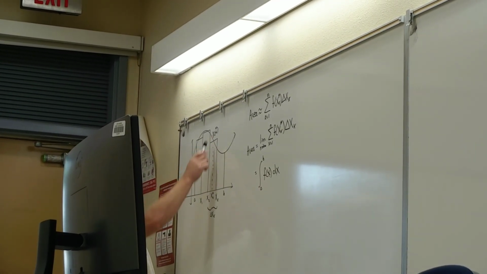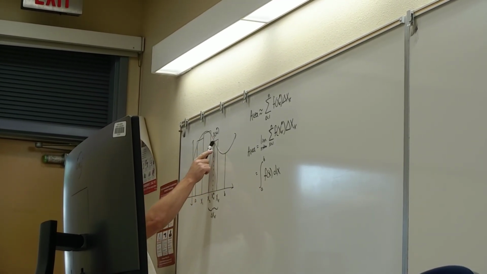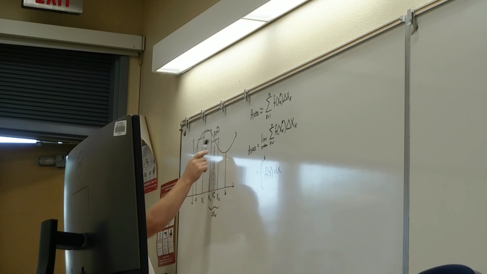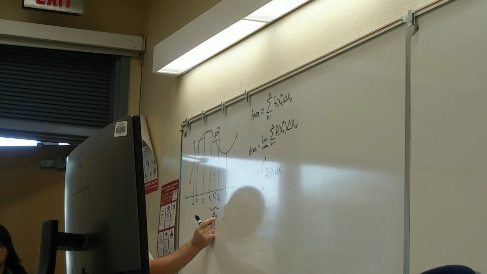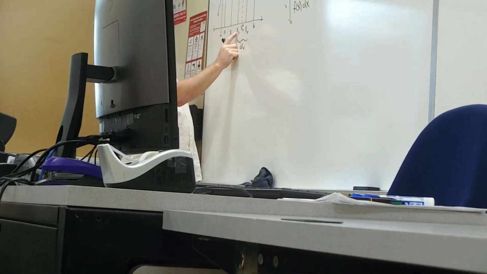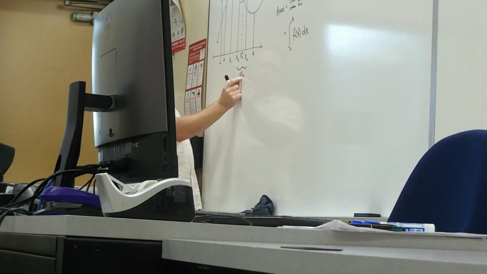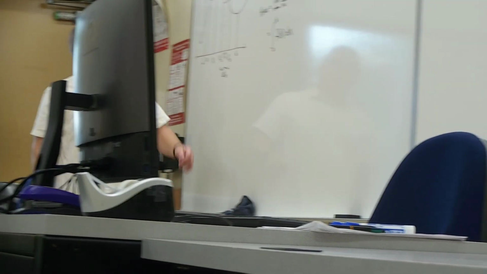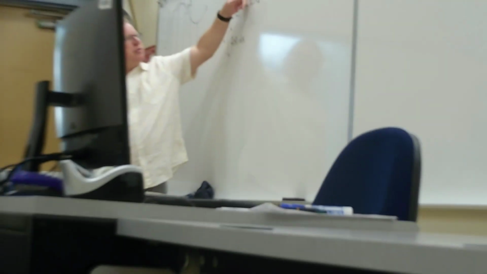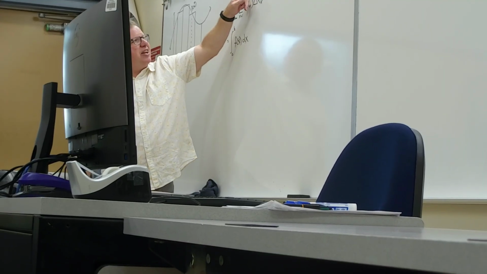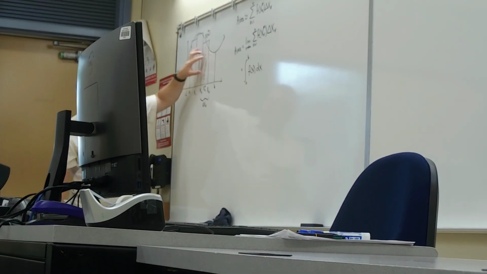So f of x asterisk, that gives us the y-coordinate there, which would be the height. And the width is the delta x of k. Delta x is the distance from this x value to that x value. So there's your height, there's your width. Height times width, that gives you the area of a rectangle.